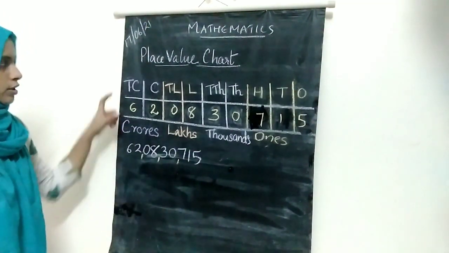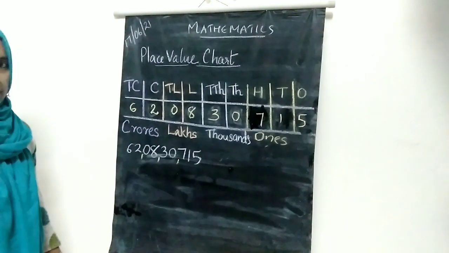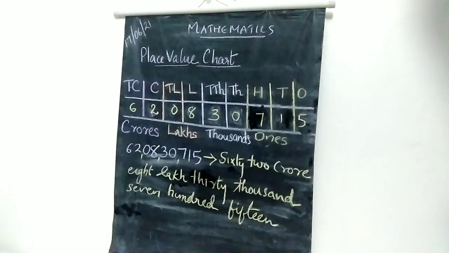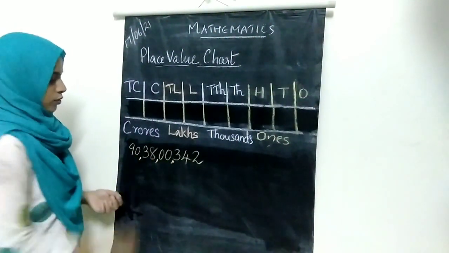Okay, so according to the place value chart, you can write the number name easily. Write this: 62 crore 8 lakh 30,715.